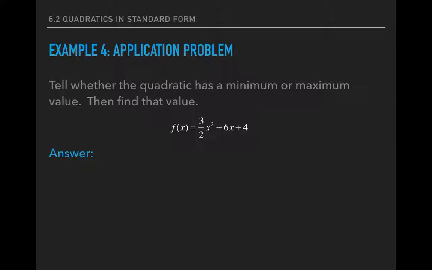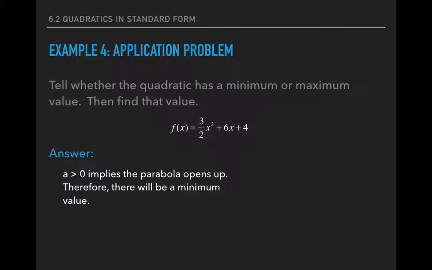So on this application problem, we have a positive a value, which implies that it's opening up. If it's opening up, if you maybe imagine your happy parabola with your arms, you're going to have a low point, a minimum value. And where does that happen? It happens at your vertex.